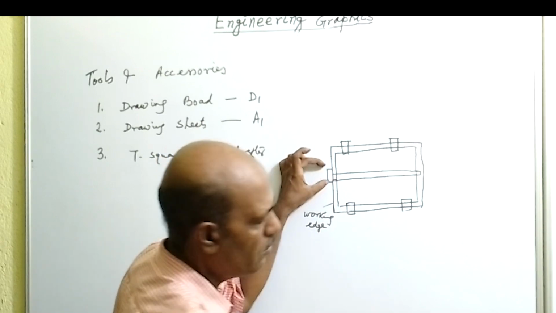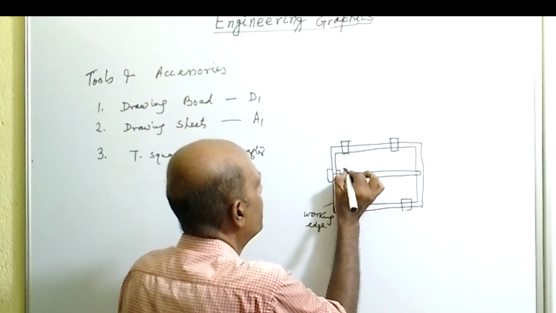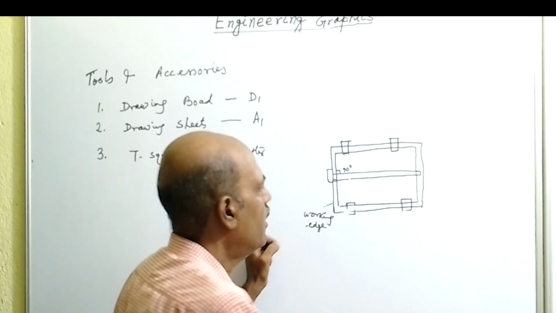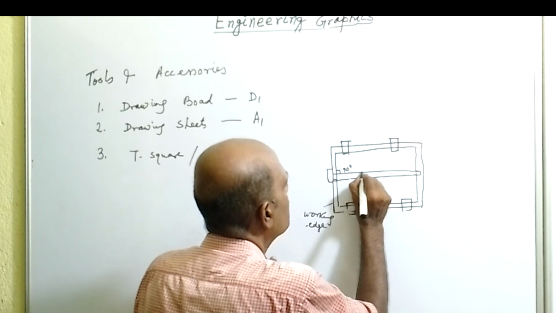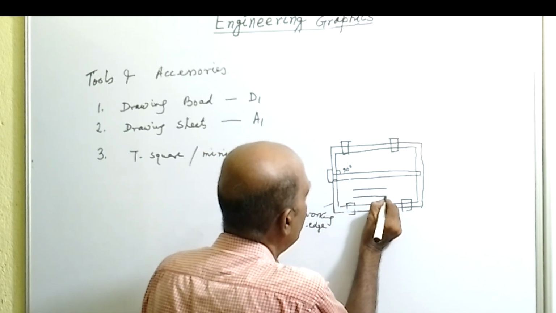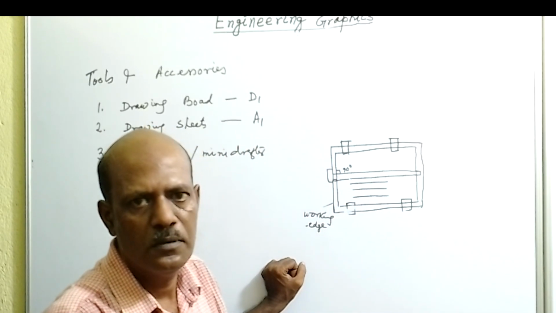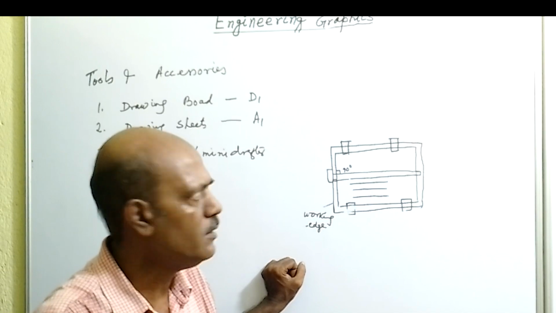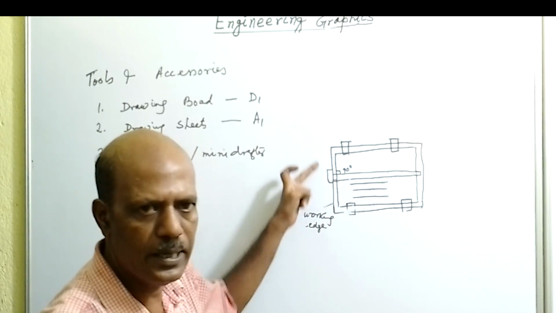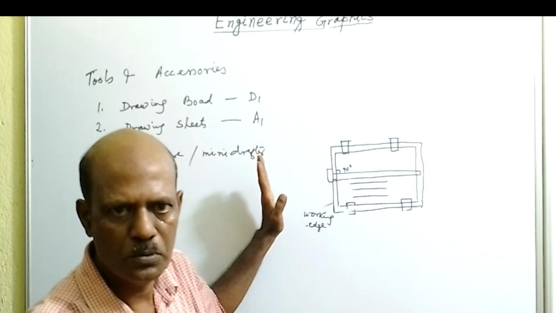Now when we place the T-square, it will produce exactly a 90 degree angle. If we slide the T-square and draw a line with the help of this upper edge, all the lines will be parallel to each other. That means your drawing will be very fast if you follow this, and there should be a true working edge at the left hand edge of the board.